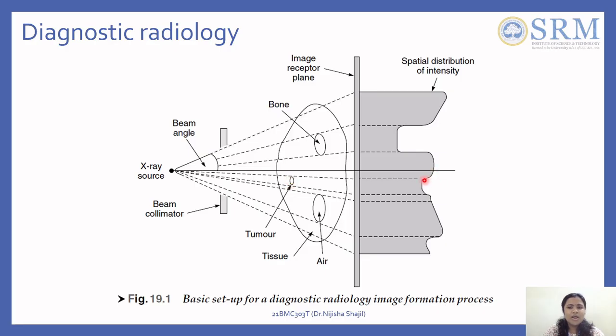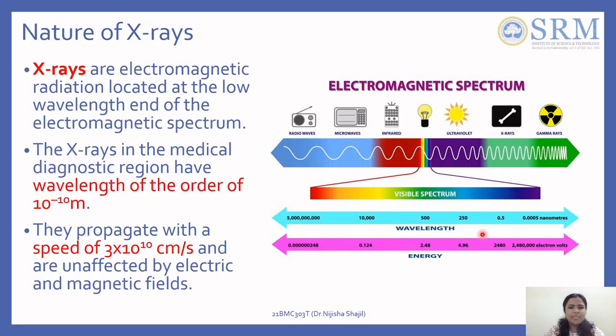So you can see a small difference in the amount of X-rays coming out. Now you have air. Air allows the X-rays to go through directly, so you can see X-rays coming out, then again the tissue. This profile is called the spatial distribution of intensity, and based on this, we use it for diagnostic radiology.